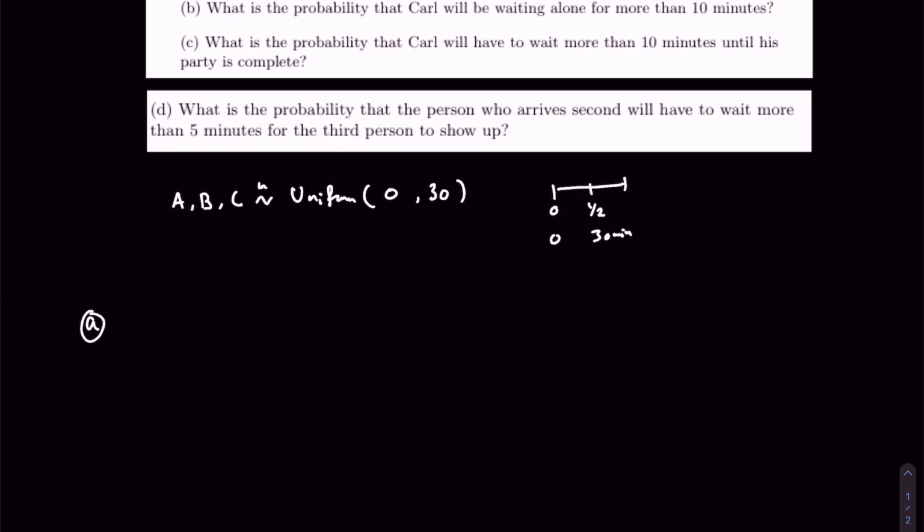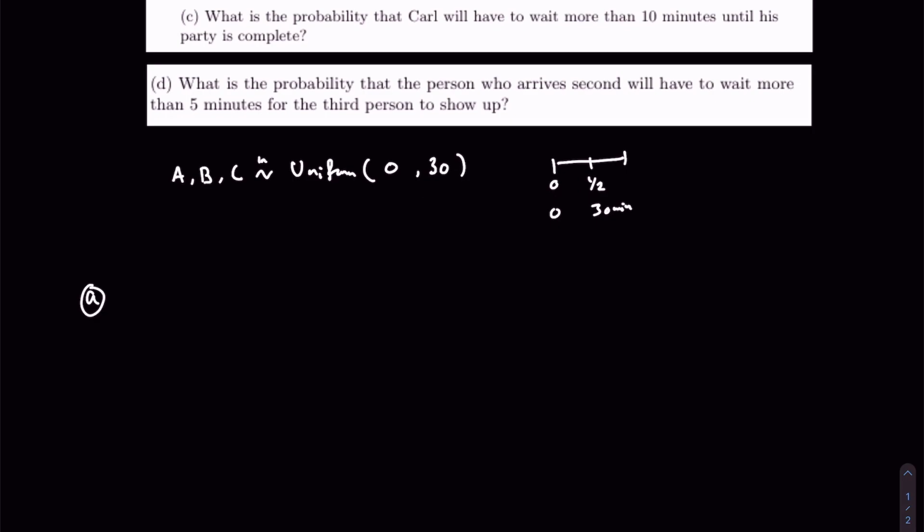So we don't need the actual distribution at the moment. We only need to understand for the first exercise what it means that Carl arrives first. So I'm going to say Carl first, like so.